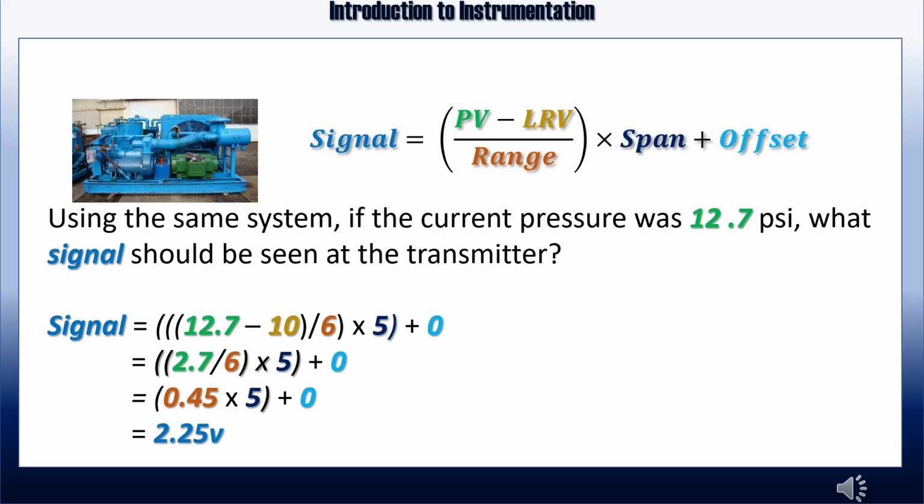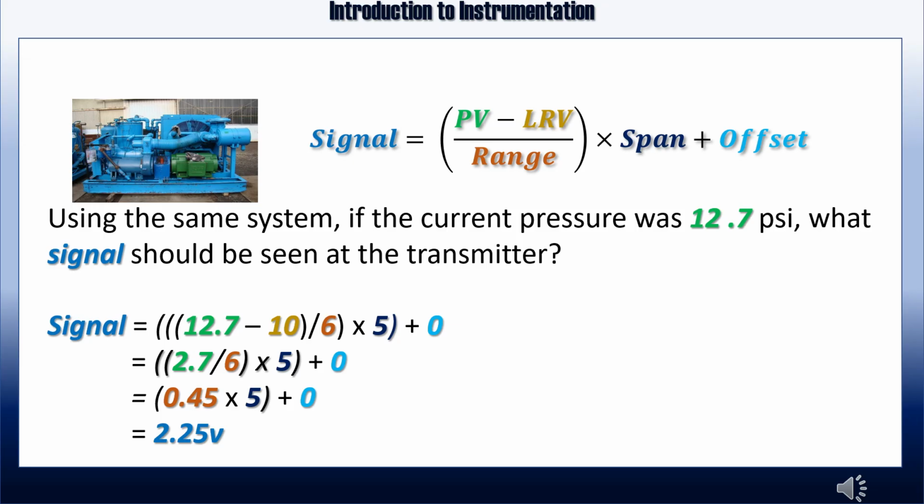First thing I've got to do is take my 12.7 process variable from the gauge and subtract from that my lower range value, because we only want the part that we're actually adjusting the signal for. So that's 12.7 minus 10, which gives us 2.7. And from that, I have to divide by 6 because that is my range. I only have 6 psi that we're working with.